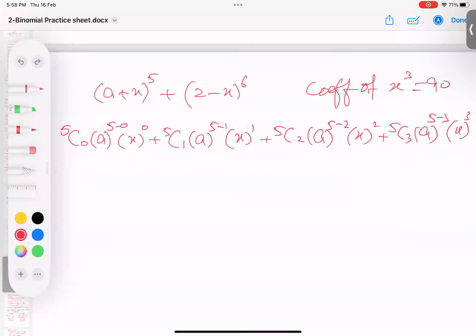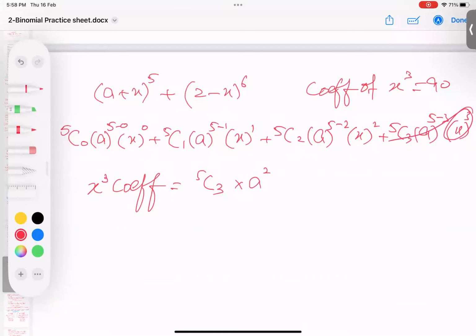Because it is a 5-mark question, there are method marks. If you don't write all this and directly write the answer, it is also acceptable, but I think it is better to write it like this. Then I will just choose this one. So the x cube coefficient is equal to 5c3 times a to power 2, because a to power 2 comes from here.